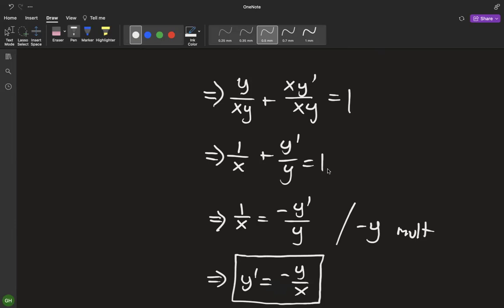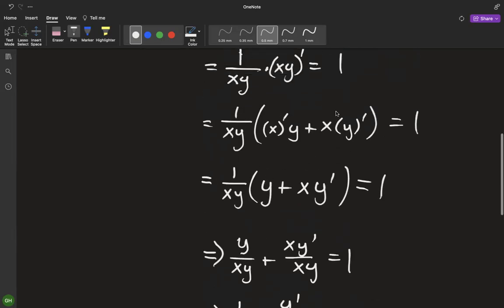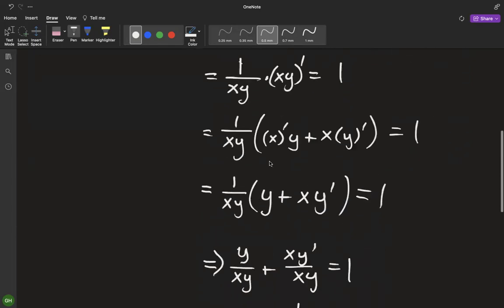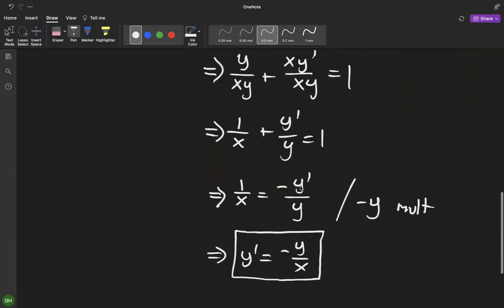And that's my answer. Because for this one, we are just looking for the derivative itself. When we're looking for the derivative, we're just looking for y prime. And again, y prime, dy dx, they all mean the same thing.